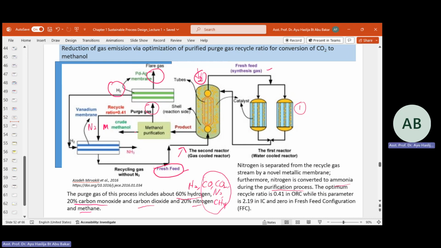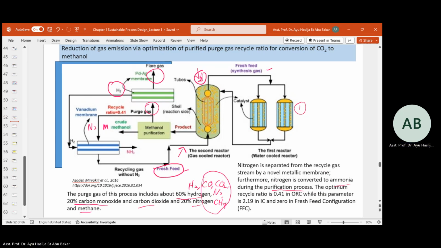Can, because here you see the methanol purification process. Here the product and the feed are separated. The feed is the CO2 and H2, and this one is the product. The crude methanol is the product.